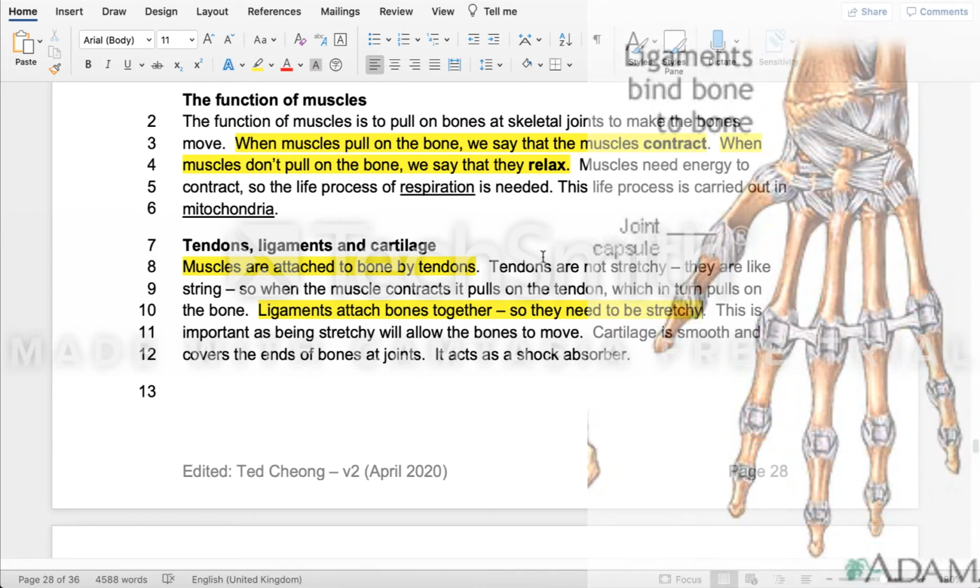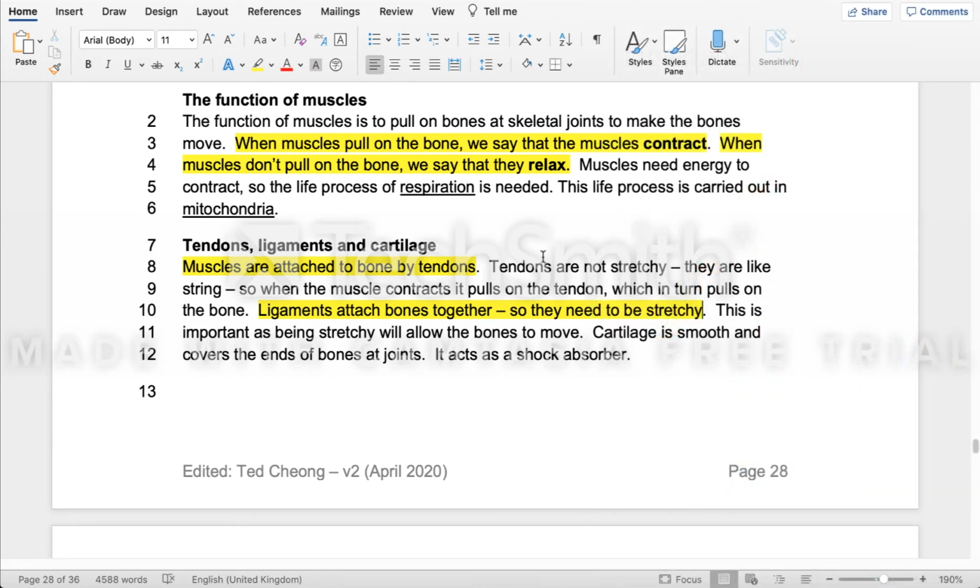Now there's a video on YouTube that you can look up that helps you memorize what tendons do and what ligaments do, and the best one that I found is knowing that, if I ask you on an assessment, tendons attach what to what, you might be confused. Is it bone to bone or muscle to bone?